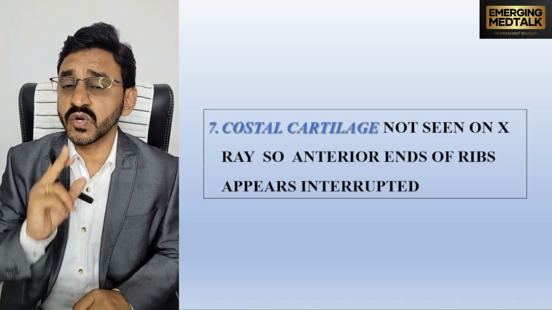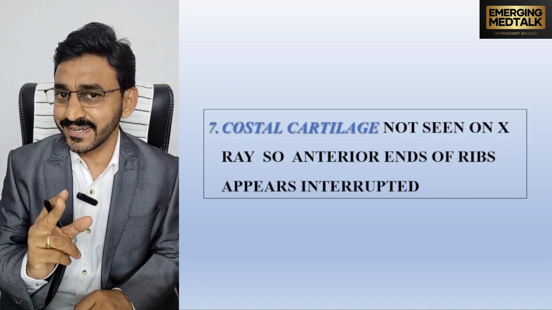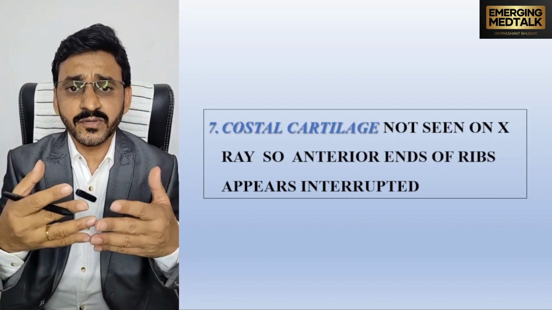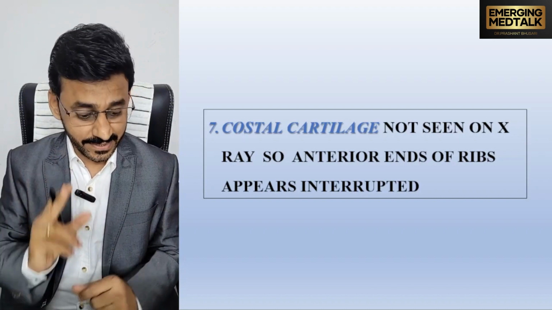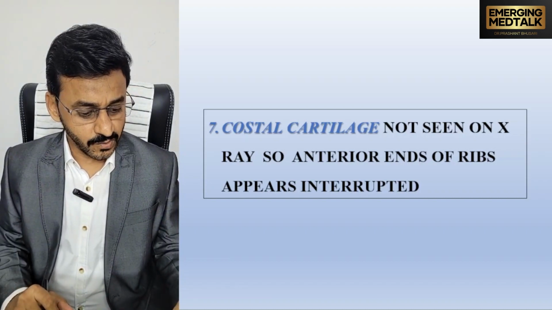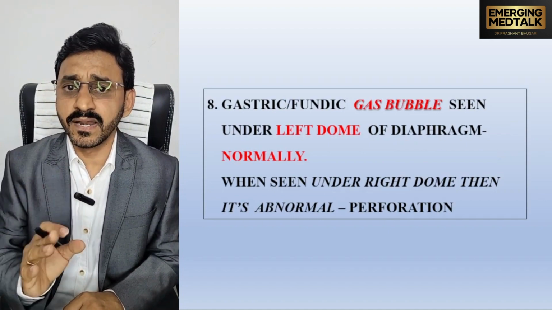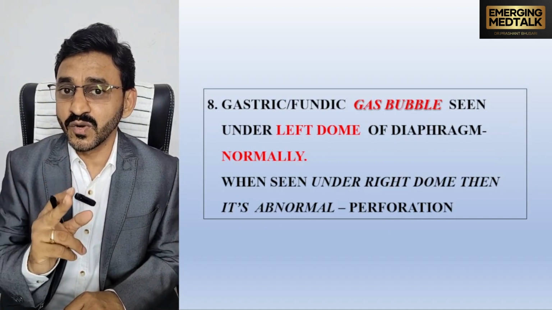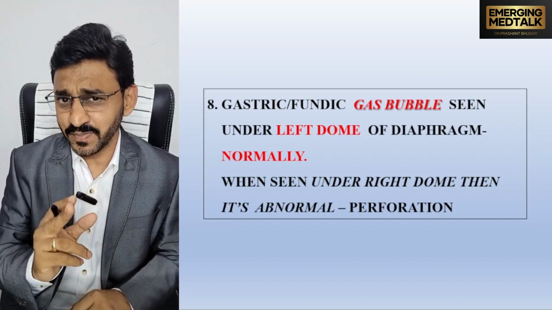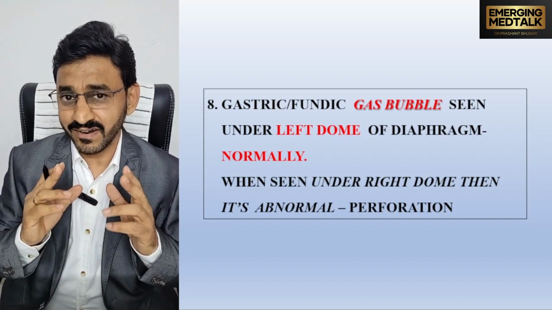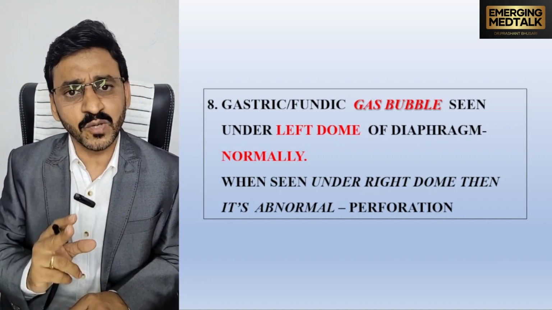Costal cartilage is not visible on the X-ray, so the anterior ends are not continuous with the sternum and look interrupted. We can see the fundic gas bubble just below the left dome of the diaphragm normally.